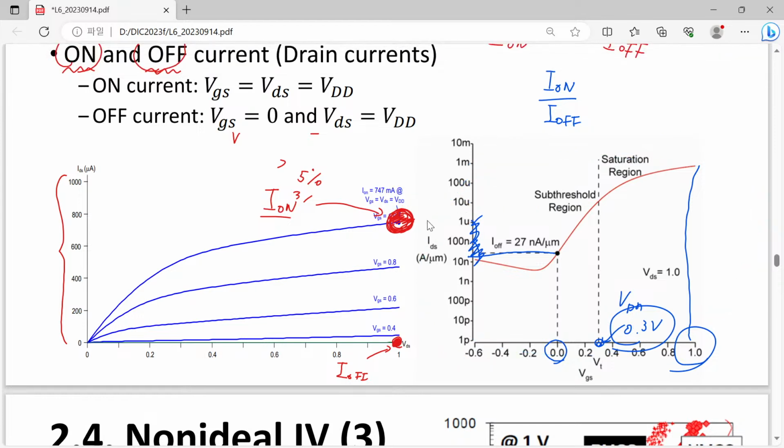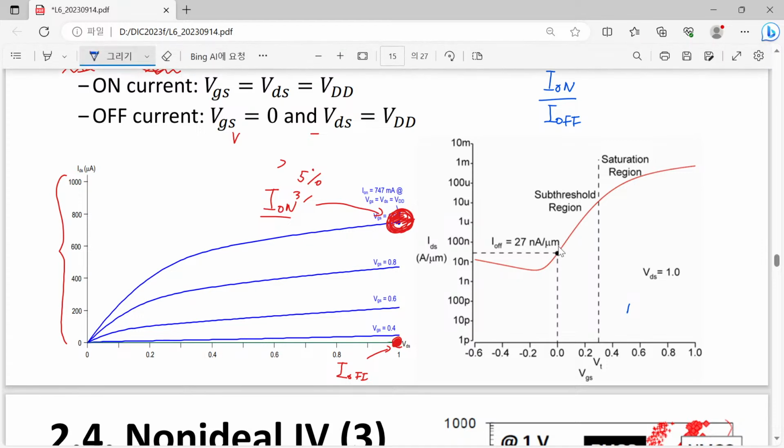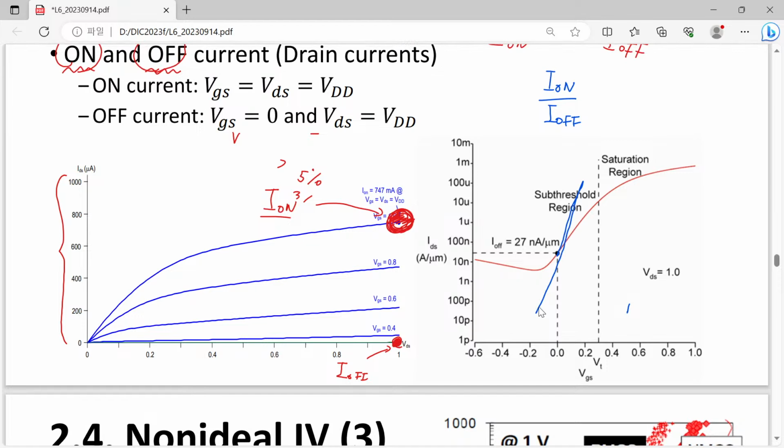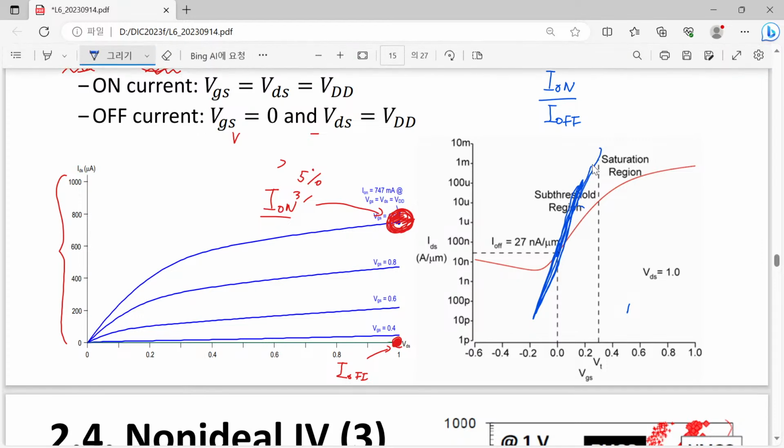So now you can ask me, oh, Professor, if this finite slope makes a problem in reducing the current, then why don't we introduce a better technology whose shape looks like this? If we have such a brilliant technology, then even within a small voltage difference, we can achieve higher on and off current.